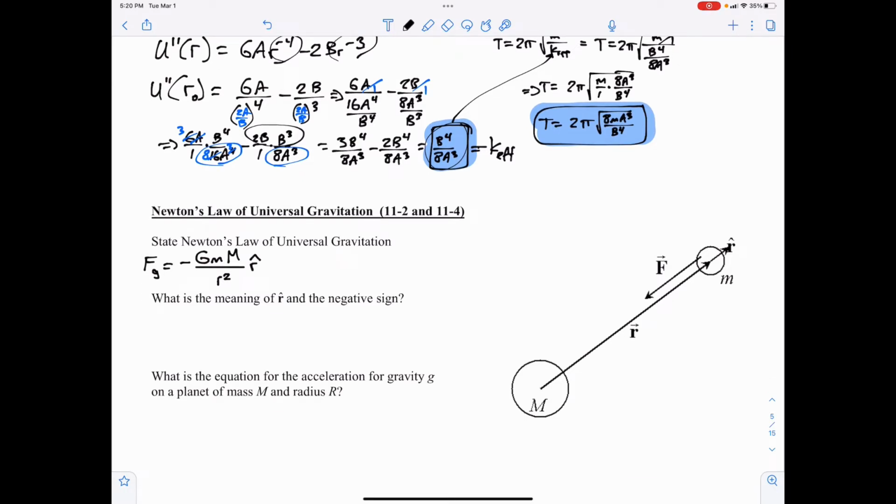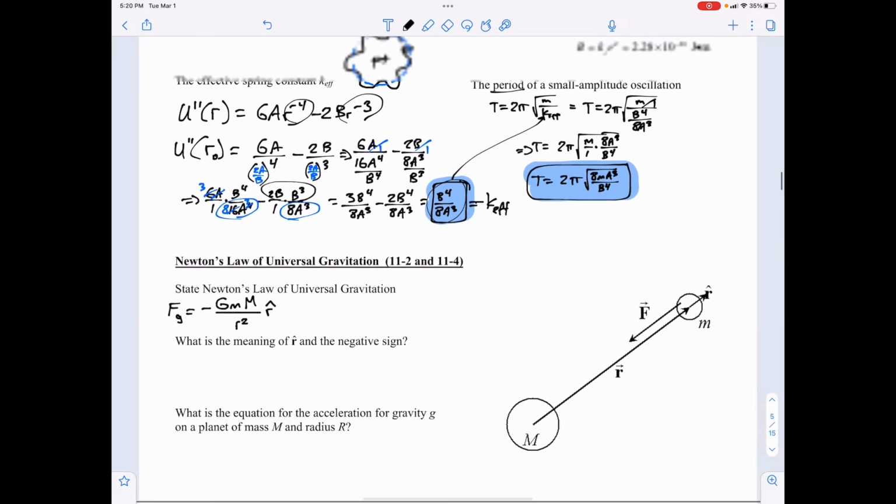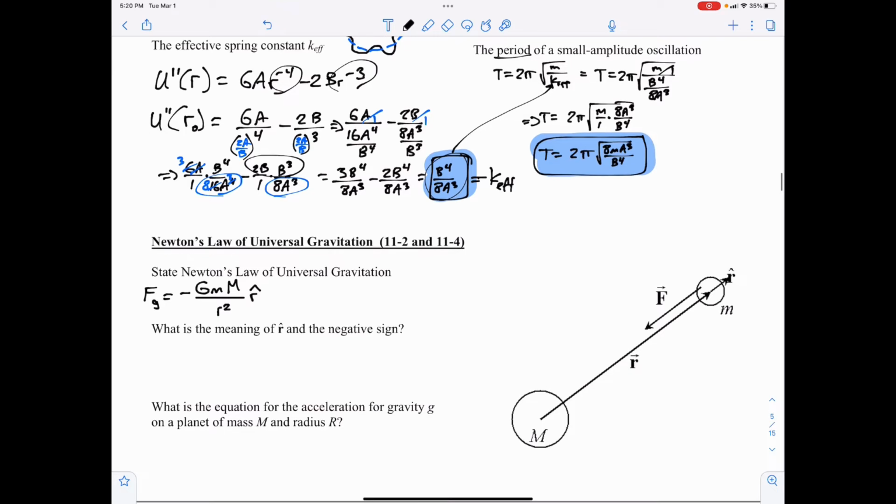So basically what we're looking at here is the force of attraction between two masses separated by the square of the distance between them. What is the meaning of R and of the negative sign? Well, basically the force is opposite the radius vector.